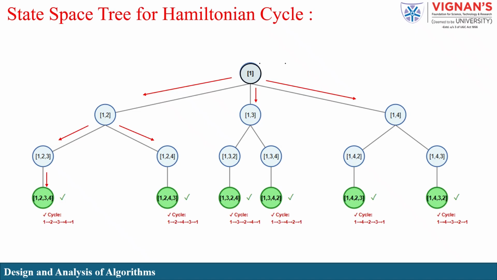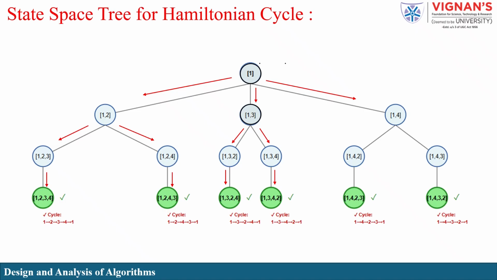Similarly, adding vertex 4 first gives the path 1, 2, 4, 3, which also forms a valid cycle. Next, from the branch 1, 3, the choices are vertices 2 and 4, and both paths 1, 3, 2, 4 and 1, 3, 4, 2 lead to valid Hamiltonian cycles because the last vertex connects back to vertex 1.